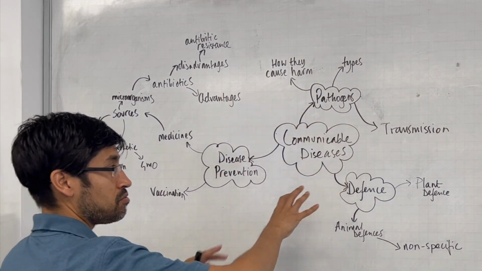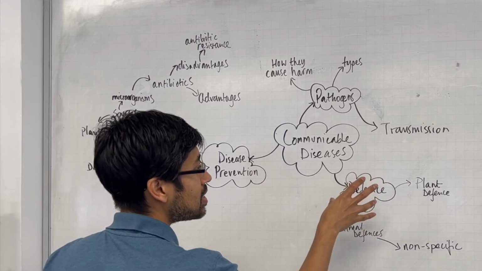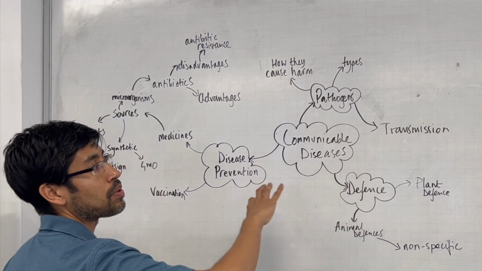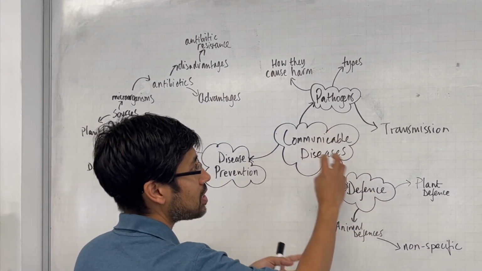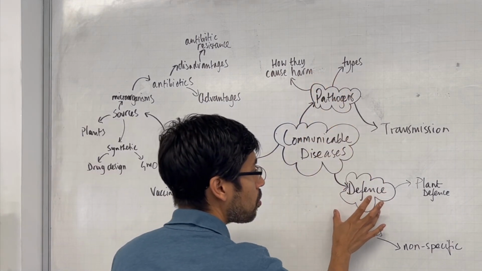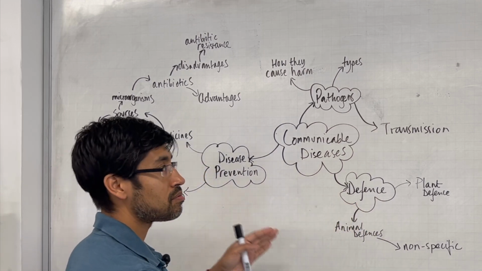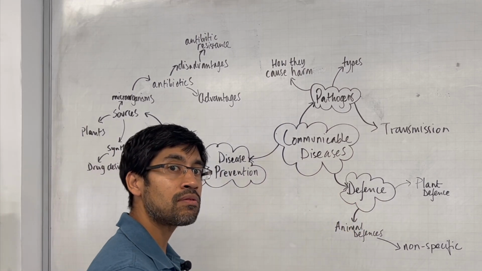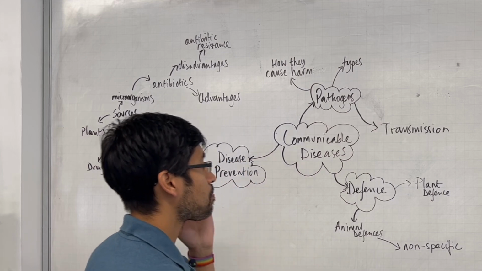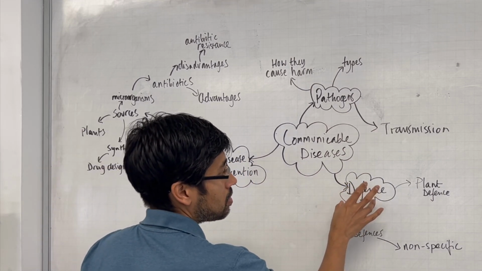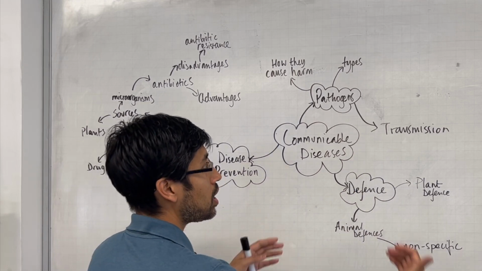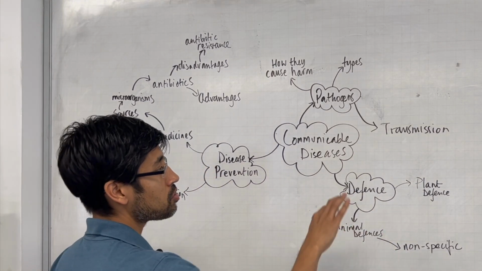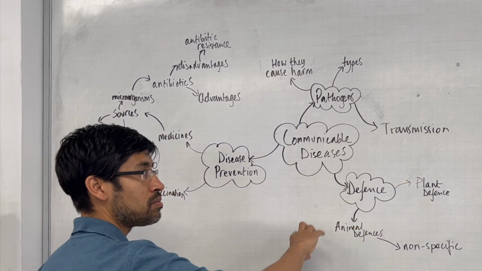The other very big area is defense. Basically we've got the pathogens, then we've got the organisms that have been or potentially will be infected by the pathogens, and the defense mechanisms that those organisms have against the pathogens. So we're going to look at plant and animal.